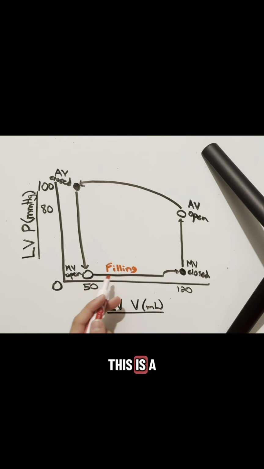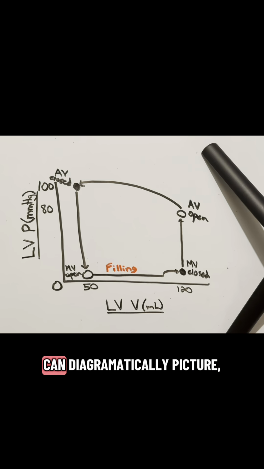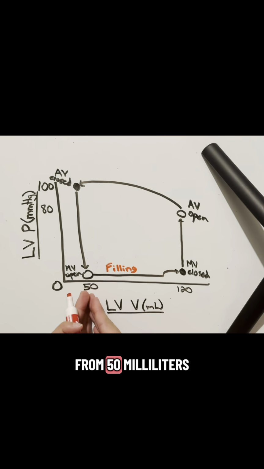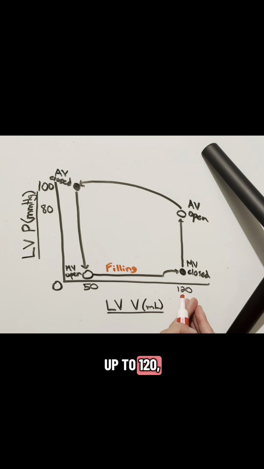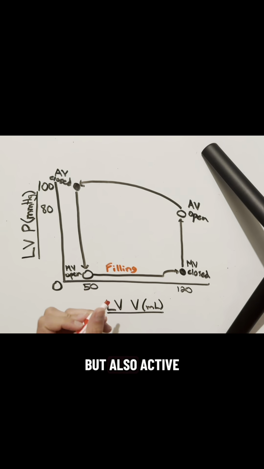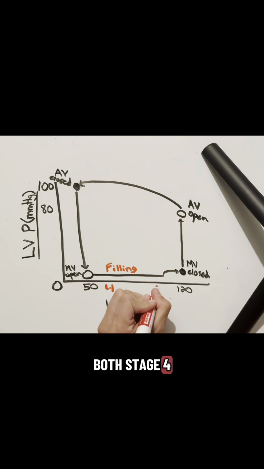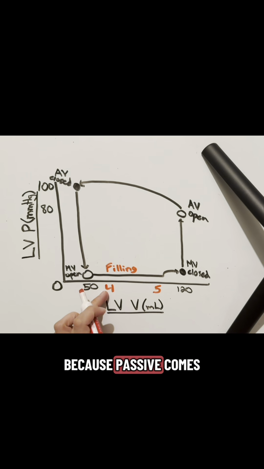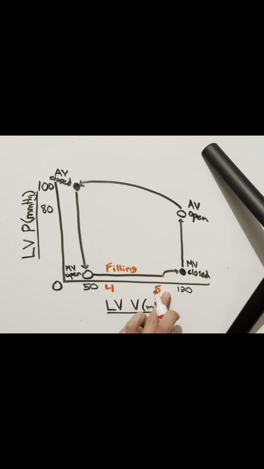So since this is a period of filling, which we can diagrammatically picture because the left ventricular volume goes from 50 milliliters up to 120, hence the left ventricle is being filled, we know that this is not only passive filling but also active. So this is both stage 4 and 5 of the cardiac cycle, with 4 coming before 5 because passive comes before active.